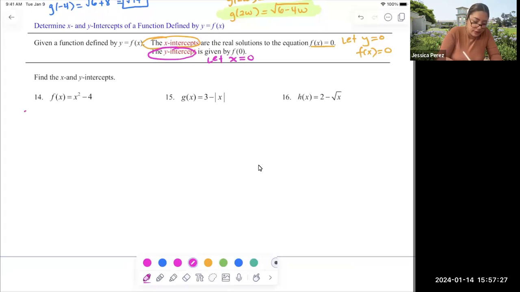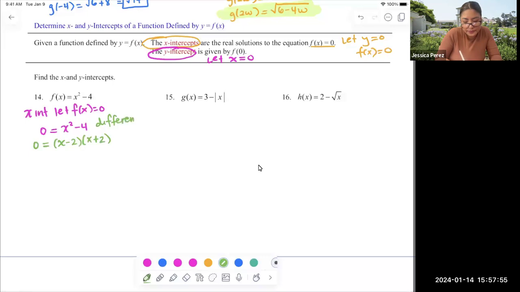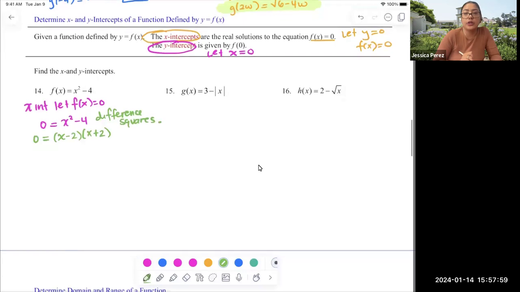If we want to find the x-intercept, we let f of x equal 0. So then we have 0 equal to x squared minus 4, and we solve. You can either factor as a difference of squares, or you can solve for x. I'm actually going to factor as x minus 2, x plus 2, using difference of squares, which we should all know how to factor.